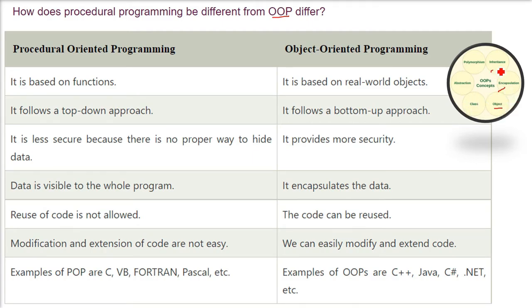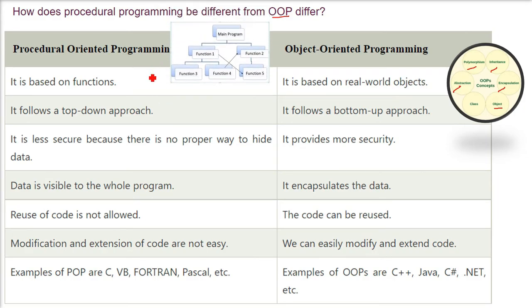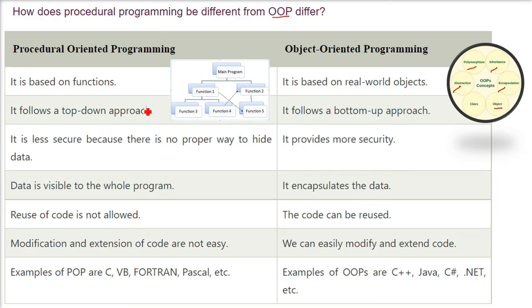These are the basic building blocks. The procedural or functional programming is all about functions. So we have a main program and it calls different functions, and those functions in turn call more functions. So procedural oriented programming is all about functions. It is based on functions.